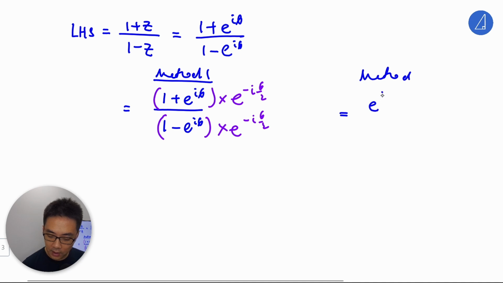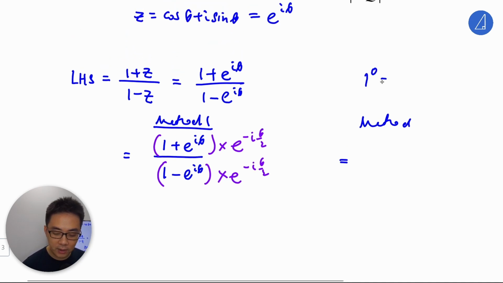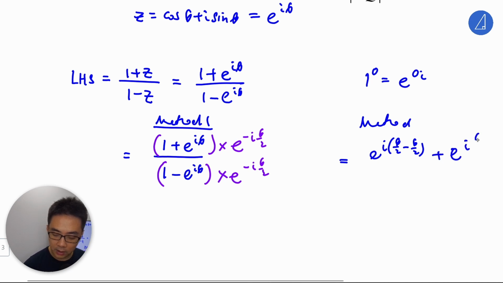One is e to the power 0. So this one here you can change it to e^(i(theta over 2 minus theta over 2)) because it's 0. So e^(i(theta over 2 plus theta over 2)). Actually, they are the same thing.